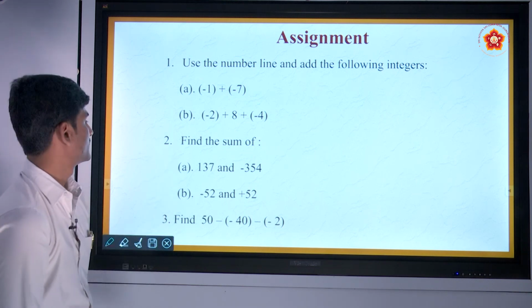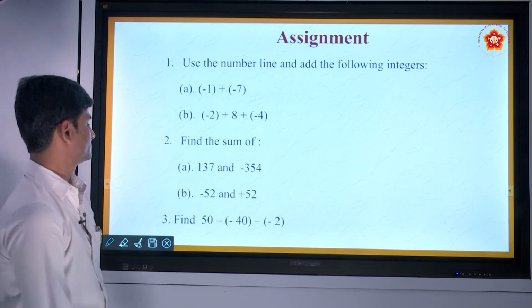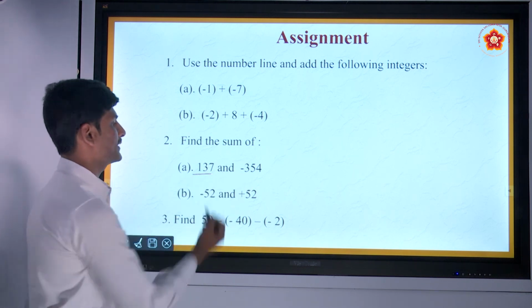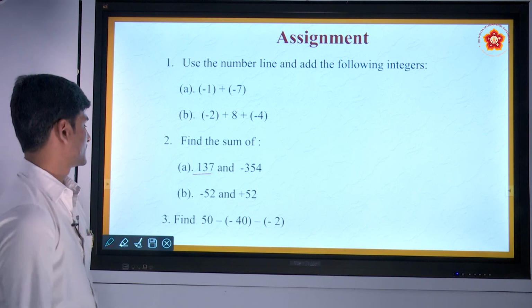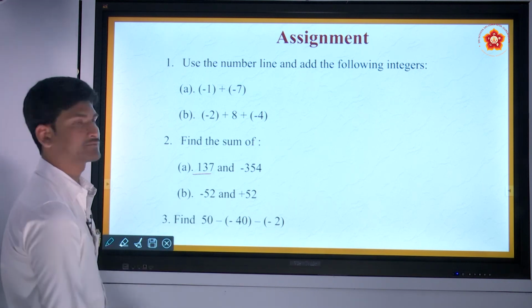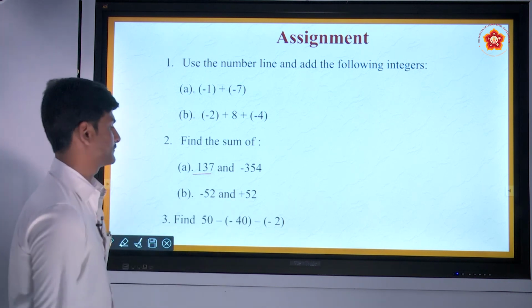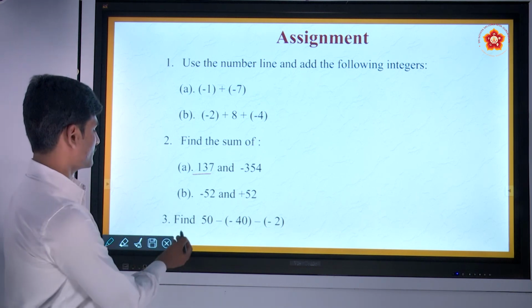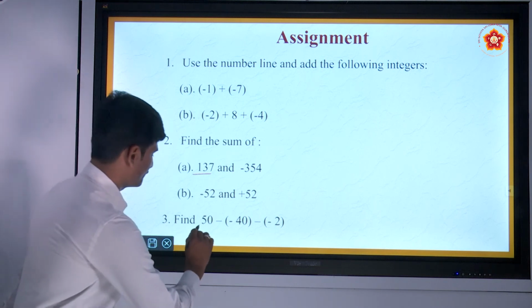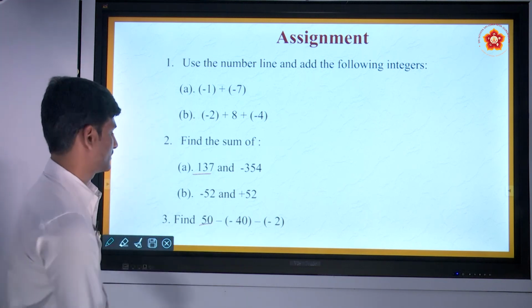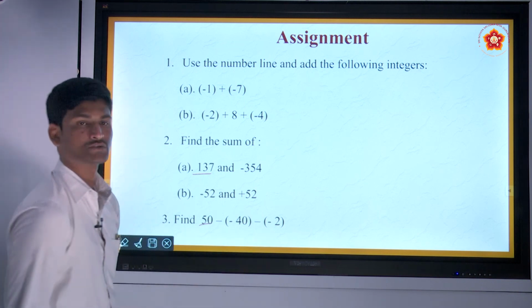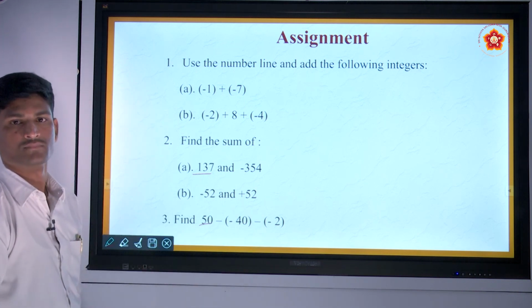Then second one, find the sum of 137 and minus 354, and minus 52 and plus 52, right? And third one is find 50 minus of minus 40 minus of minus 2. Find the sum, right?